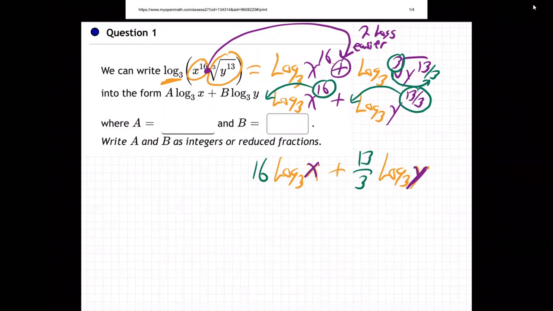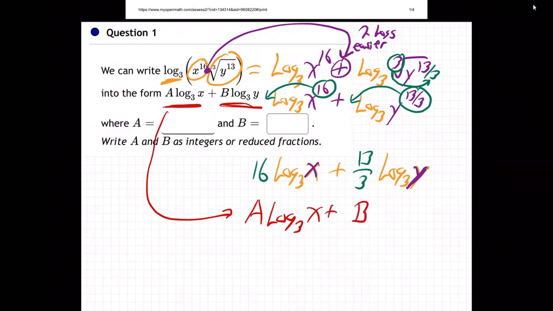And we've done it. We've made it the form they wanted. They said make it a log base 3 of x plus b log base 3 of y. We did. We broke it into two logs with no more roots and the numbers in the front. So they ask, what's your a, please?